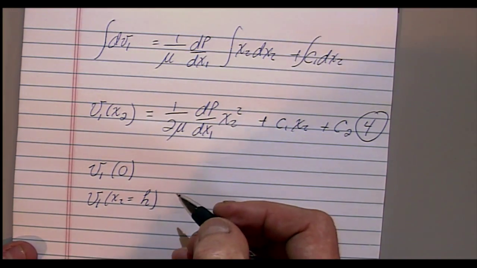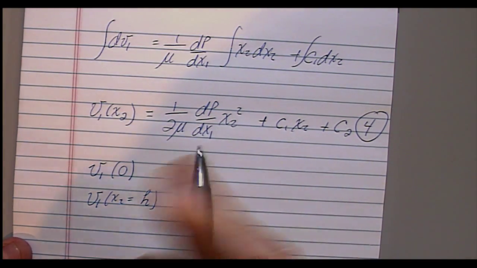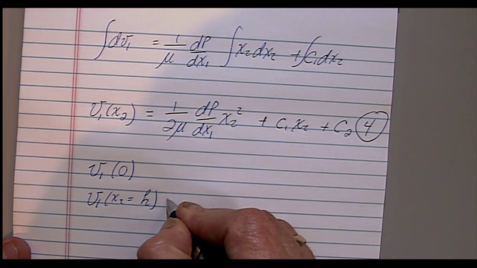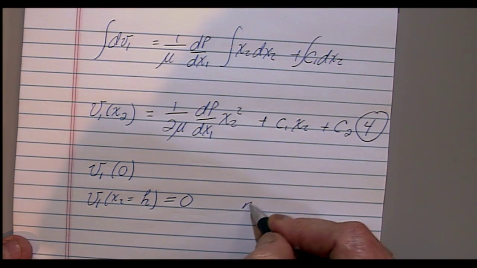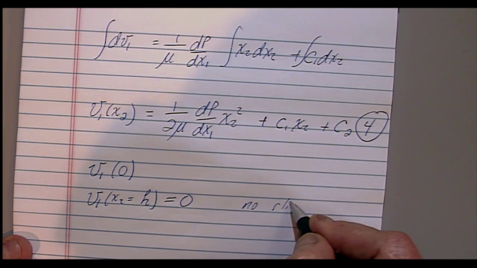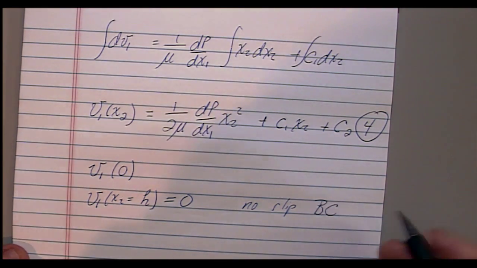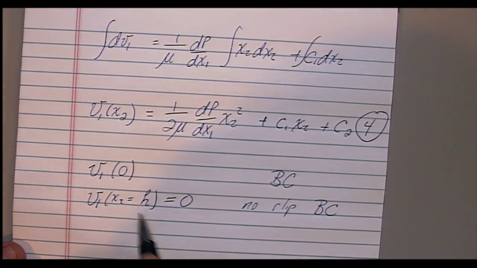And we said we have a no-slip boundary condition, and the bottom is sitting still, and therefore the fluid at the very bottom must be sitting still, and so the bottom velocity must be equal to 0. So this is due to the no-slip boundary condition. We'll call these BCs, boundary conditions, and this is the top boundary condition, that the fluid is being pulled along at some constant velocity v1.